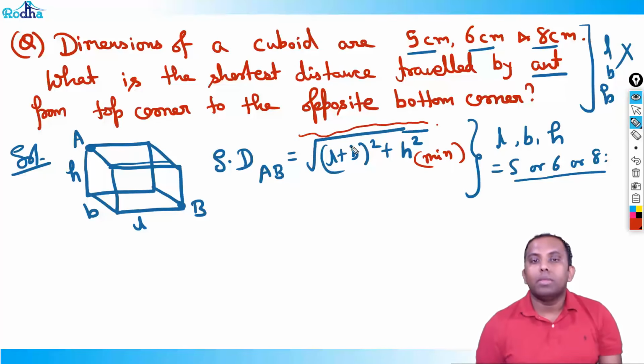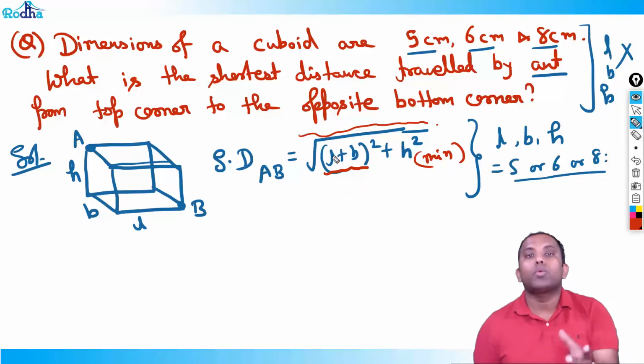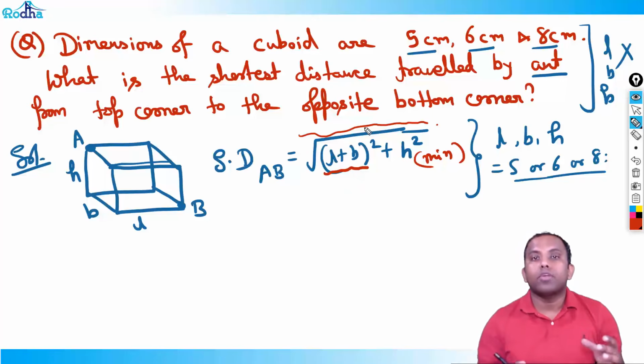Minimizing means, see, this L plus B whole square, when expanded, will become L square plus B square plus 2LB. So when expanded, it takes up one more term, L square plus B square plus twice LB. On expanding, it takes up 3 terms.